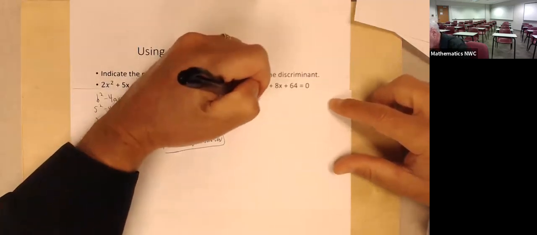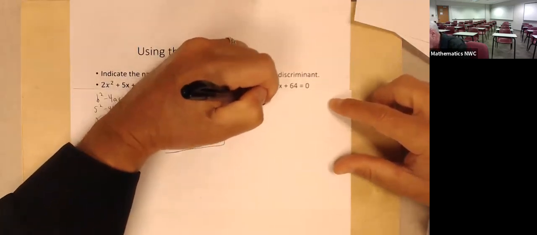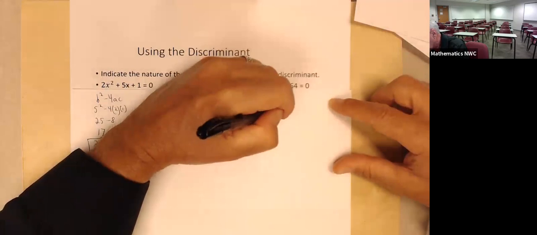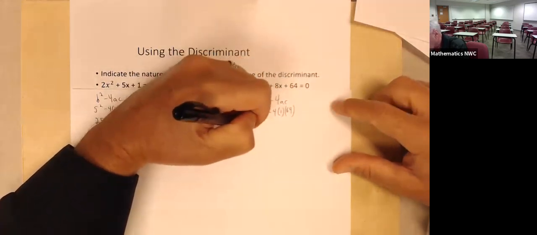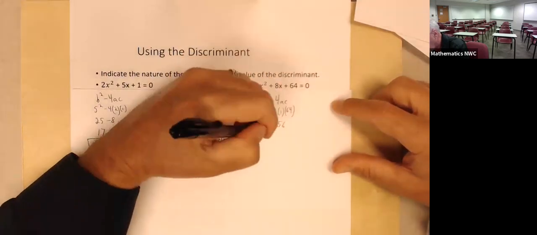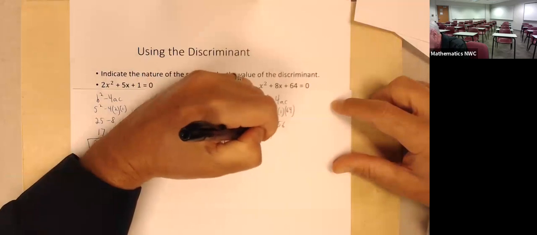Here's one, that if I calculate the discriminant, b squared minus 4ac, it's going to be 8 squared minus 4 times a, which is 1, times 64. That's going to be 64 minus 256. I'm afraid I can't give the exact number off the top of my head, but I know it'll be negative.